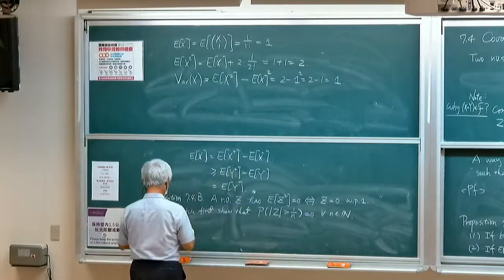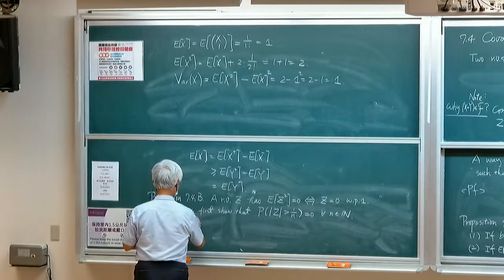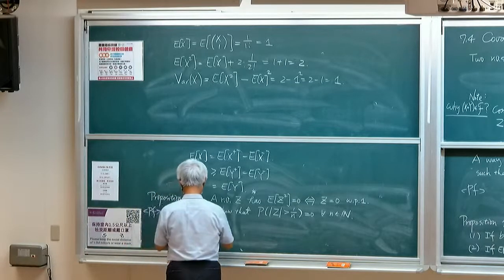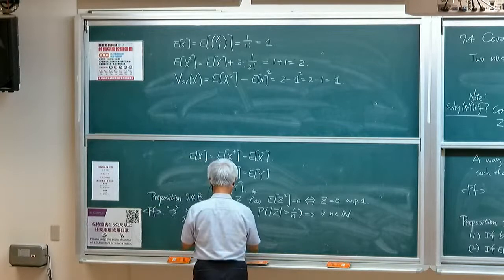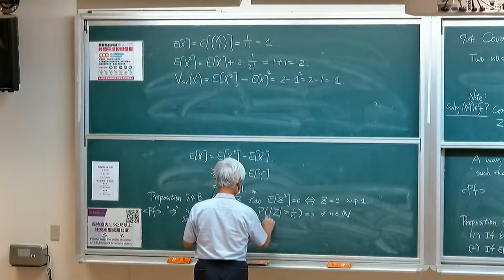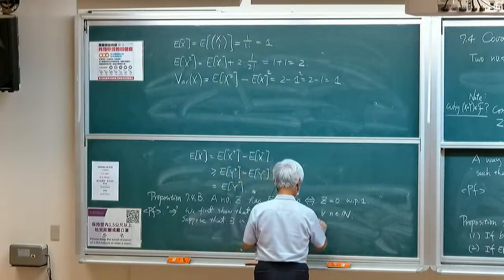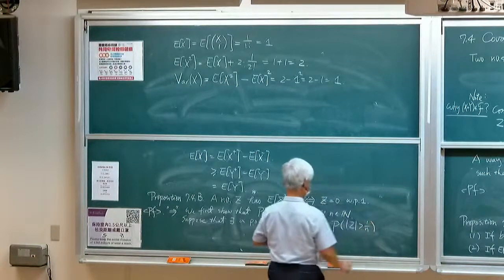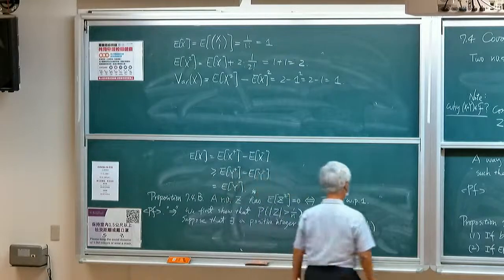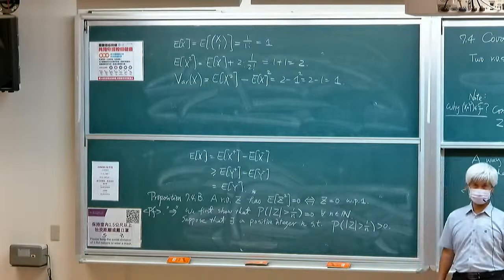Now we prove that by contradiction. So suppose that there exists a positive integer n such that the probability of this event, the absolute value of Z greater than 1 over n, is greater than 0. Suppose we have this situation occur.